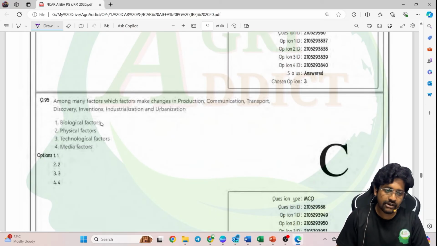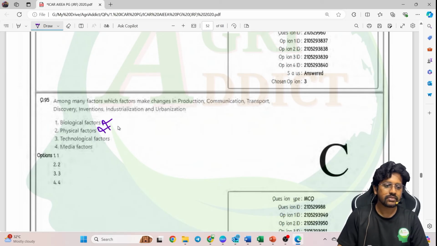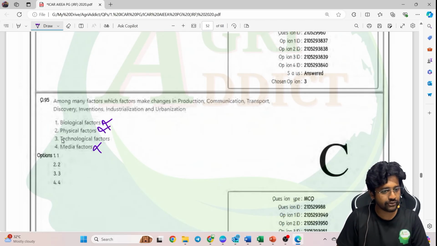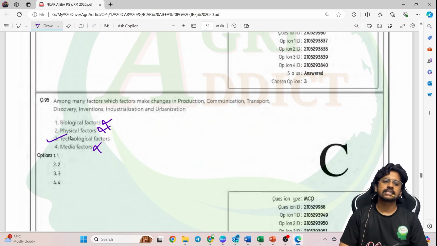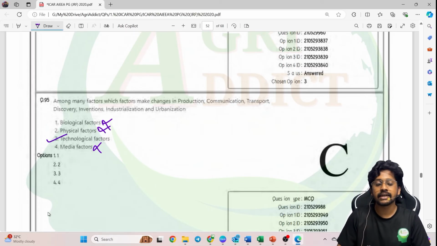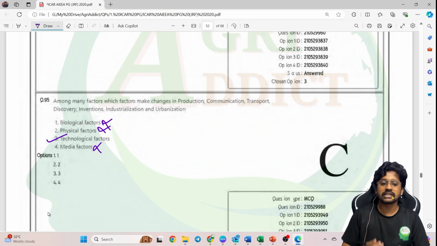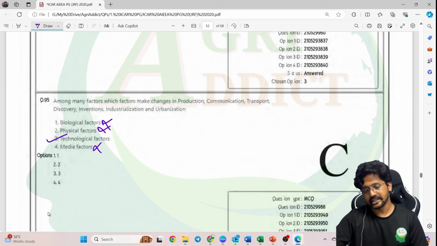Biological factors can't do that, physical factors also can't do that, media factors also can't do that, but technological factors can do that. So option 3 will be the correct answer, because technological factors only can make significant changes simultaneously in production, consumption, transportation, discovery, inventions, industrialization, as well as urbanization.